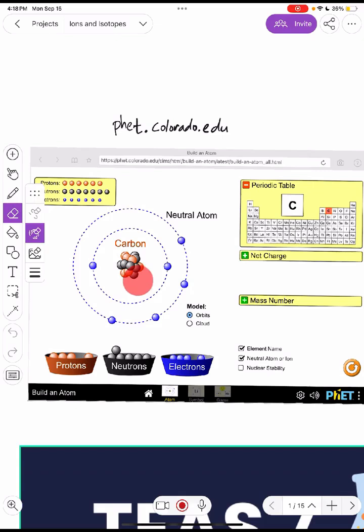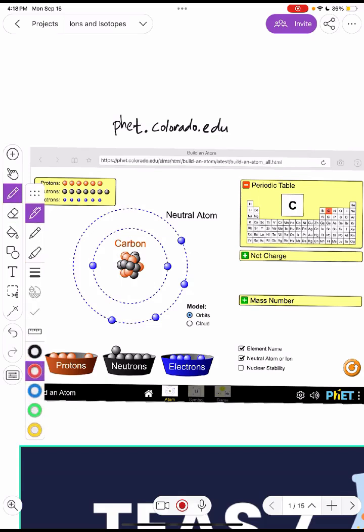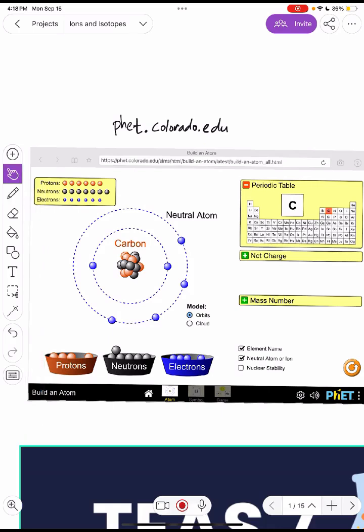Okay? Unique, that is correct. Yes. It's carbon. This is carbon-13 because we're adding protons and neutrons. Let's move this down here.